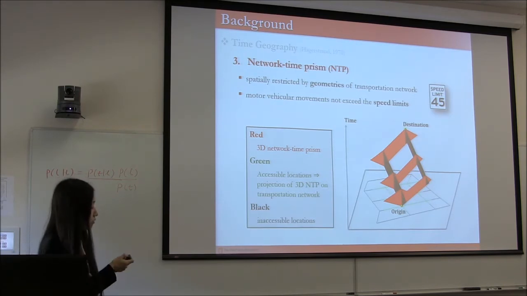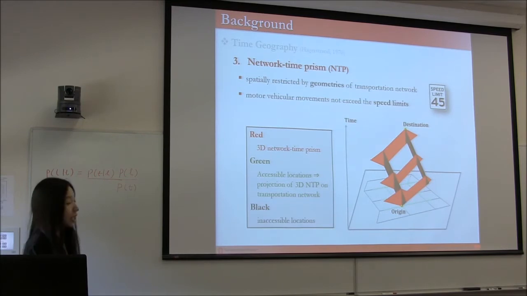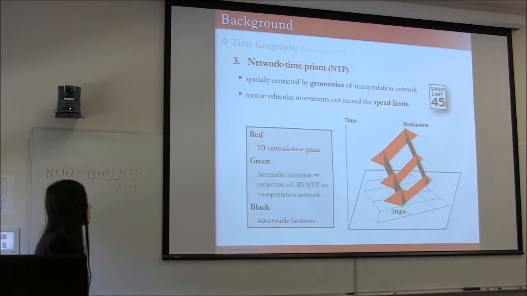As you can see on the right-hand side, the red part is a network space-time prism in three dimensions. If we project that part into planar space, the green arcs here are the actual locations along the transportation network that people can go to. And the black area is the area that is not accessible within the time budget. I cannot go there because the time doesn't allow me. So this is the basic construction of the network time prism.